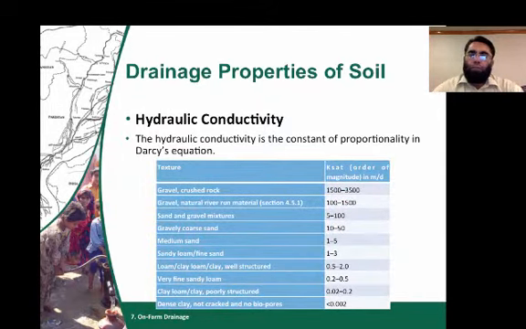Okay, as we talked about hydraulic conductivity, which is the constant of proportionality in Darcy's equation, this basically depends on the type of the soil, and different soil textures have different values of hydraulic conductivity.